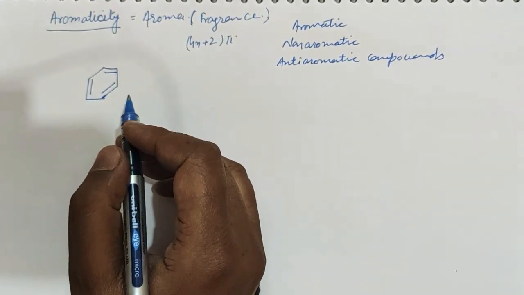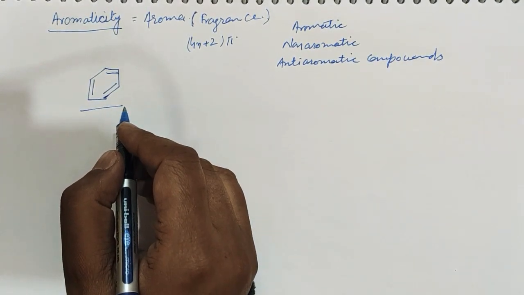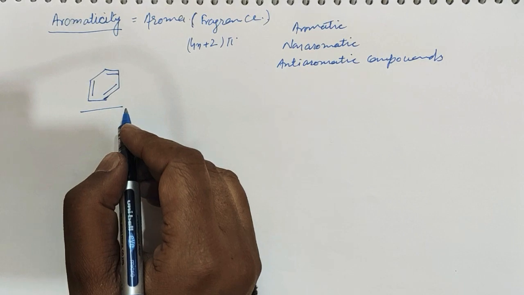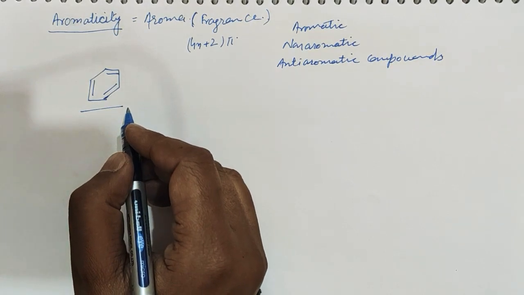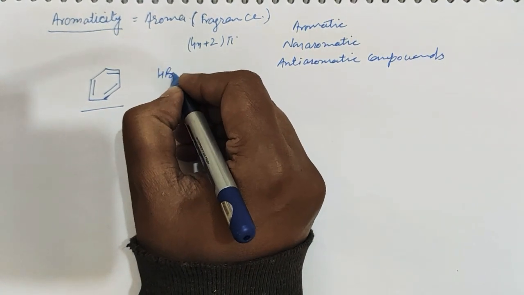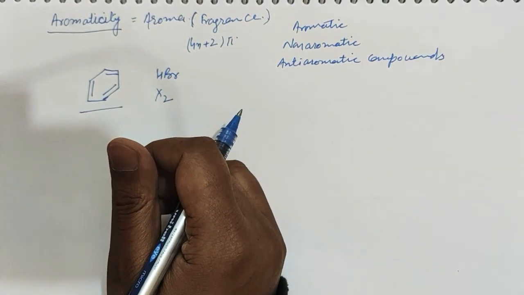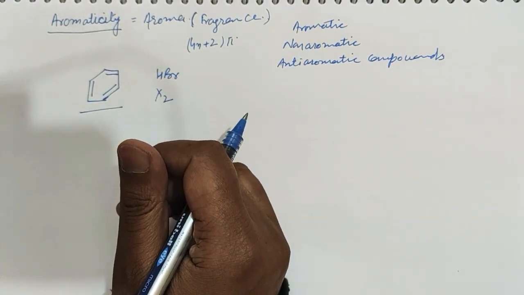It has particular properties: it is comparatively resistant to addition reactions. Its molecular formula suggests a high degree of unsaturation, but it does not respond to addition reactions with HBr and halogens, that is X2, such as chlorine, bromine, fluorine or iodine.